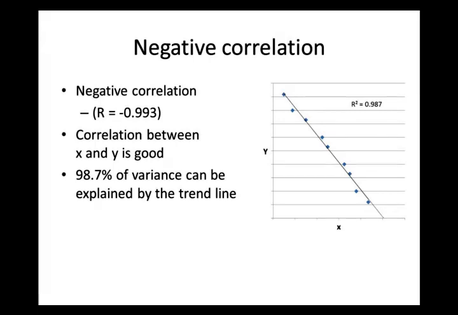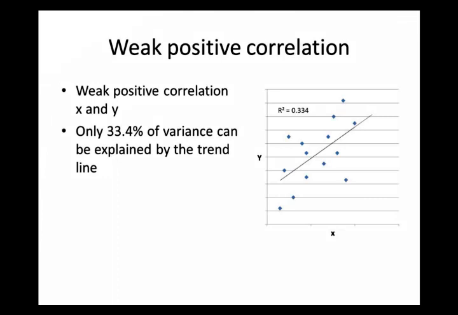So let's have a think about what it would look like if we had data which was much more scattered than in these previous two examples. So here we have an example of a weak positive correlation. We can still put a regression line through the data, and we can see that there is a tendency for x and y to increase at the same time.